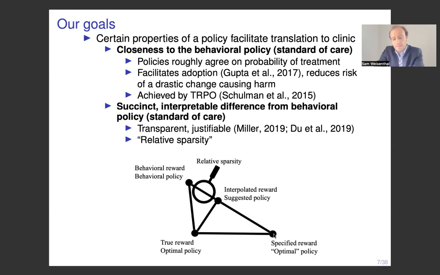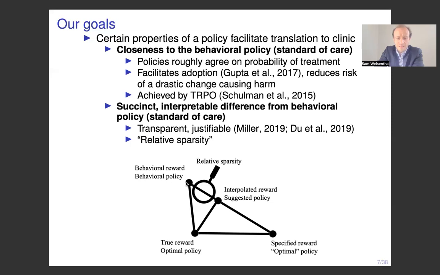So in our work, we interpolate between this reward-maximizing policy and the behavioral policy, which maximizes the behavioral reward, to obtain some suggested policy, which is in between the two and which maximizes some interpolated reward. Our hope is that this suggested policy will be closer to the truly optimal policy and the true reward than either the policy that maximizes the specified reward or the behavioral policy.